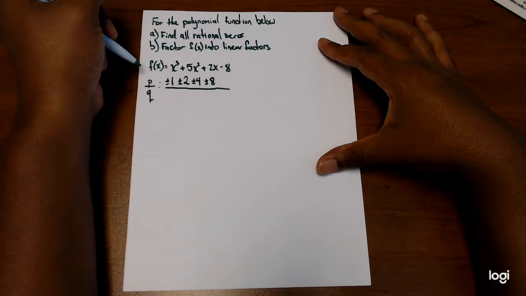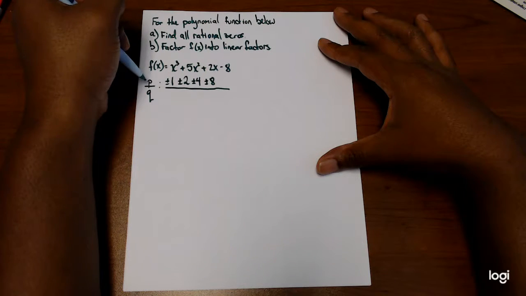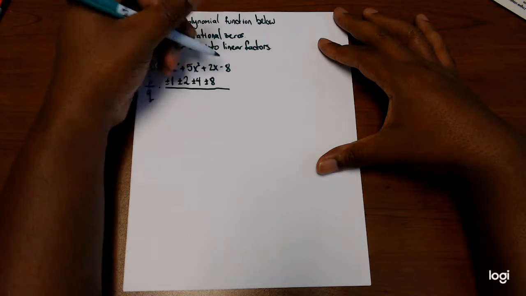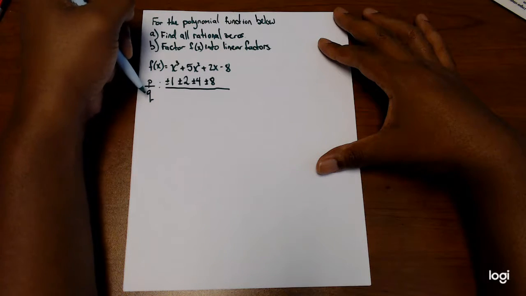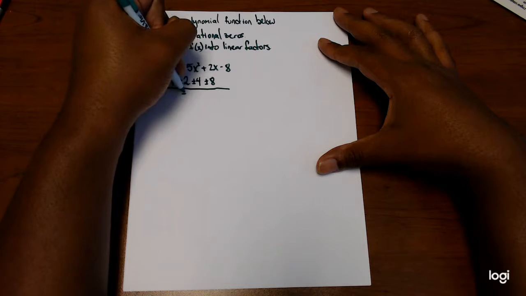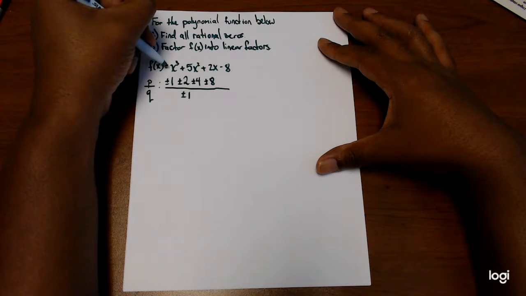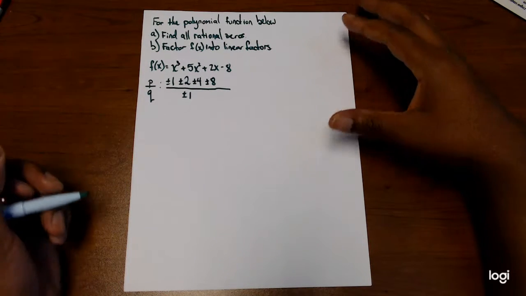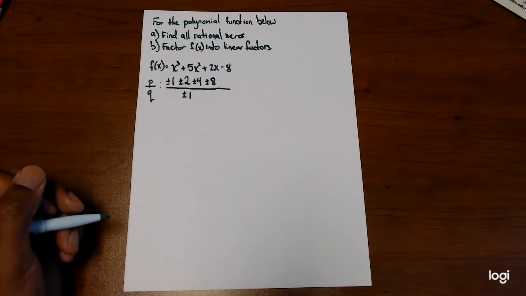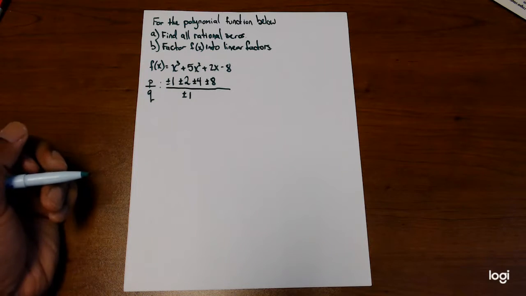Okay, so if I have a rational zero, then the top number or the numerator of that zero has to be a factor of -8. The denominator or the bottom number has to be a factor of the leading coefficient, which in this case is a 1. So I have a list of possible values for the numerator and a list of possible values for the denominator.